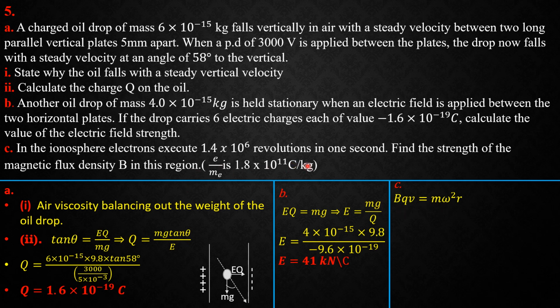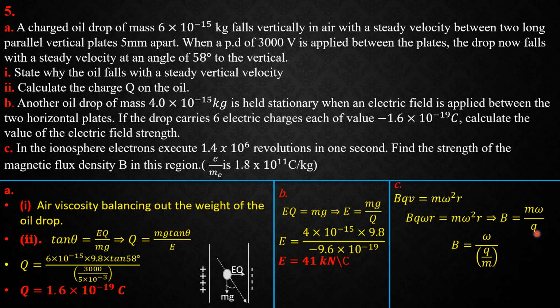To get the strength of the magnetic flux, we have to use the centripetal equation. What provides the centripetal force in the ionosphere is the magnetic force, so BQV equals m omega squared r. But our v here is omega r, remember that, so we can cancel out the omegas and r's, and we have B, the magnetic field strength, equal to m omega over q. But remember that we have the specific charge already, so we can have q over m.